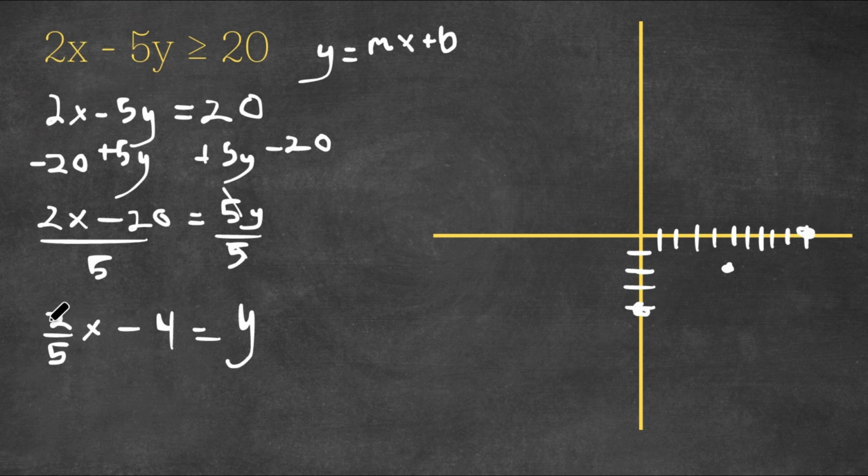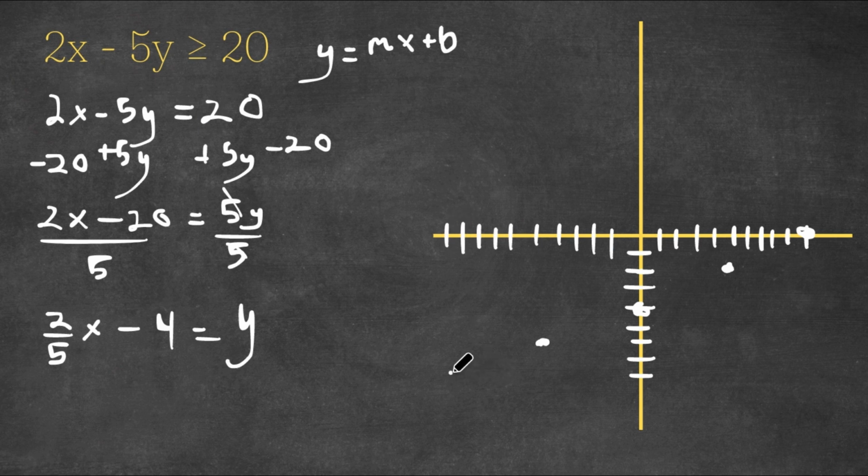And now let's go down 2 and to the left by 5. So down 1, 2, to the left by 5, 1, 2, 3, 4, 5. So our point's going to be over here. And let's do it one more time. Down 2, and to the left by 5, 1, 2, 3, 4, 5.